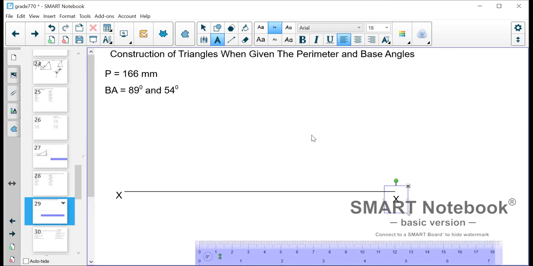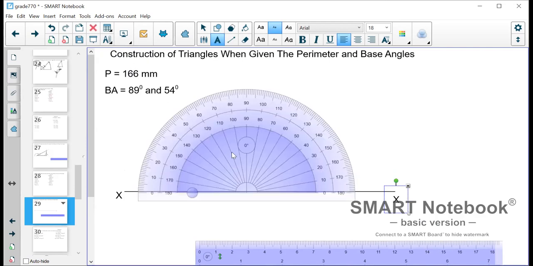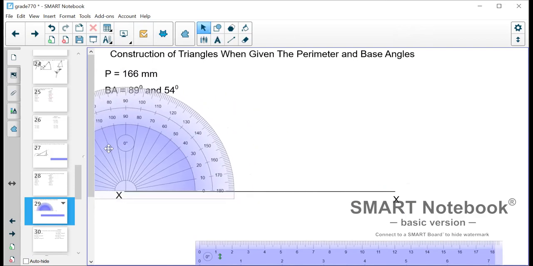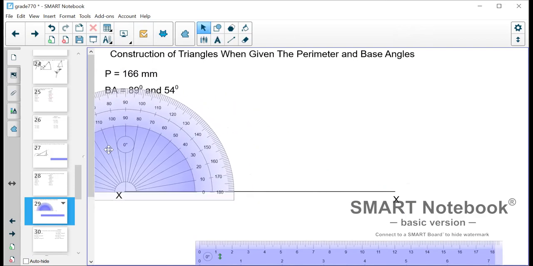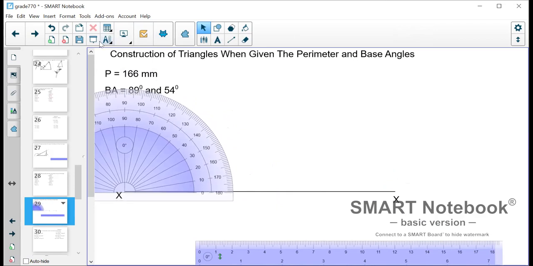Now, having this baseline, what I'll do now is obtain the two angles. I'll use my protractor because those two angles might be impossible to construct. So from X, I'll find 89.